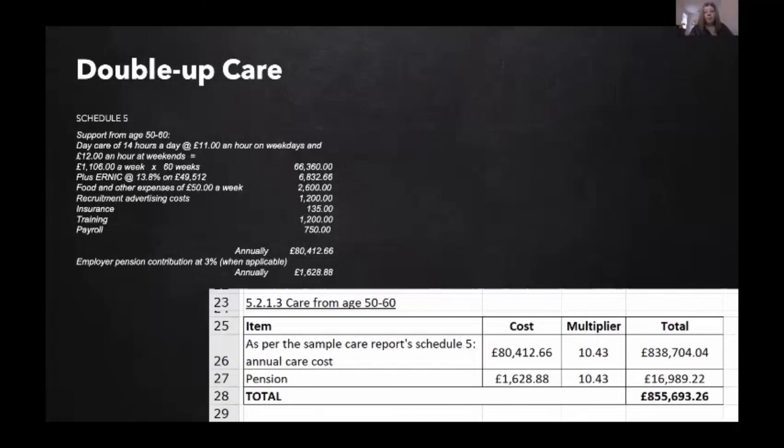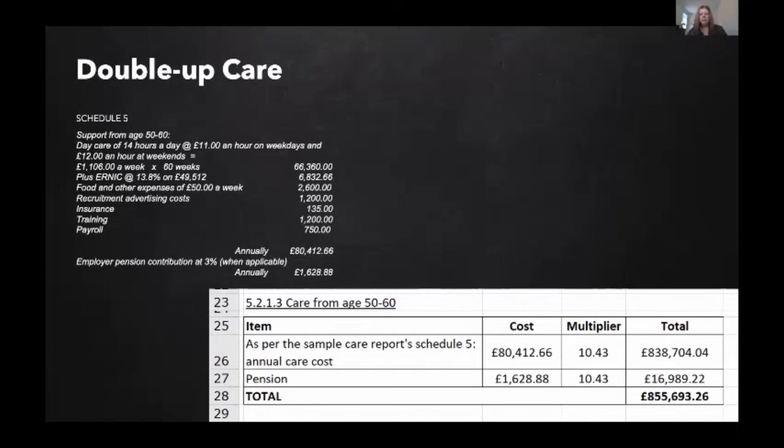Yes, there's actually very little to explain here, because you simply set out each item as per the care report, as we have done in the previous examples, and then use the age 50 to 60 multiplier, which is 10.43, and you have your future care costs calculated.